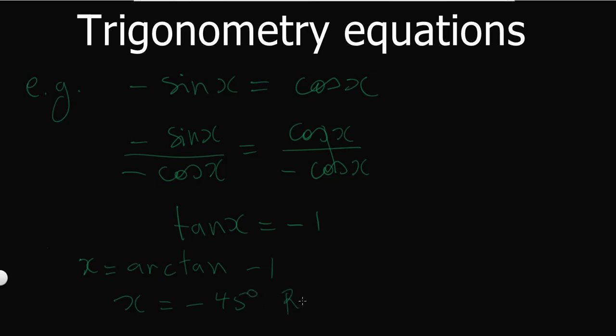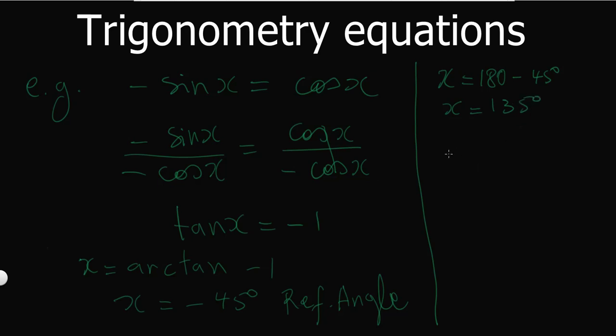So this is a reference angle. Since tan is negative, which quadrants is it negative in? It is negative in the second quadrant. In the second quadrant, it's 180 minus theta, which means minus 45.